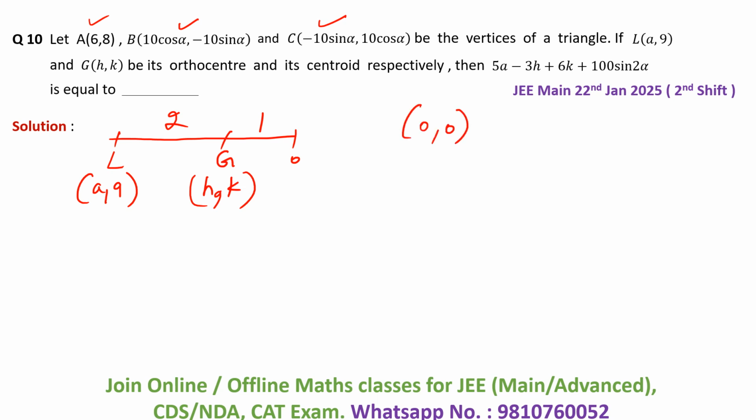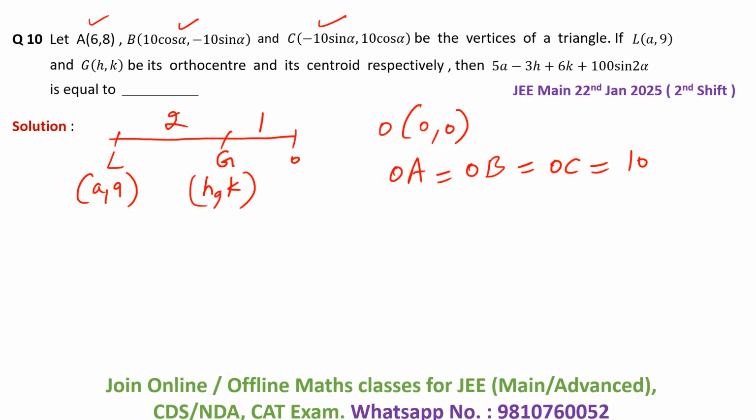Because if you apply the distance formula and find the distance of all the 3 points from the origin, that is (0, 0), the distance comes as 10. OA equal to OB equal to OC, and they are all 10. Fine. So that means the origin will become the circumcenter of the triangle.